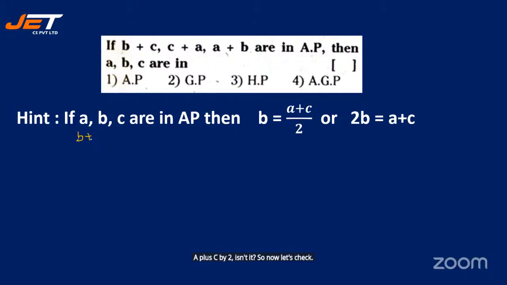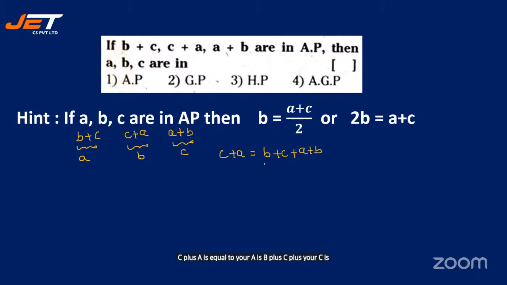Here we have B plus C, we have C plus A, we have A plus B. So B plus C is A, C plus A is B, A plus B is C. Isn't it? So now what is B? C plus A is equal to, your A is B plus C and your C is A plus B, by 2. Right? So now C plus A is equal to 2B plus A plus C by 2. Right?